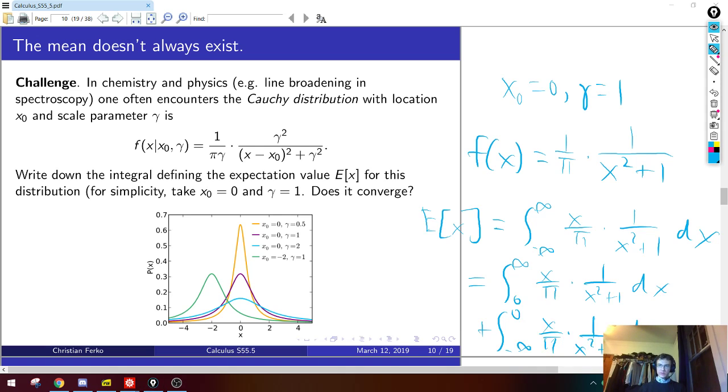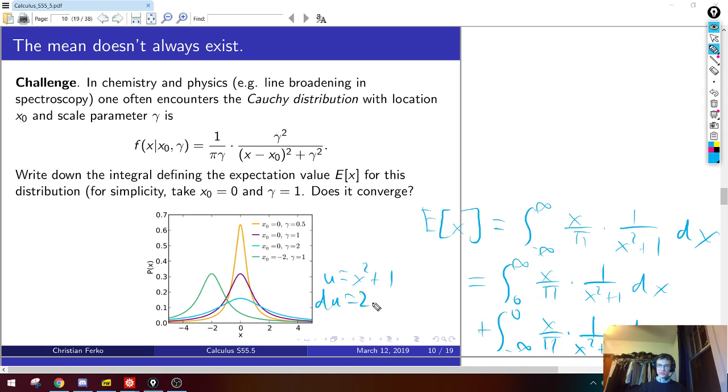So if we split it into two pieces, and then do the u sub for the first piece, we can keep them separate and then recombine them at the end. So in the first piece I do u is x squared plus 1 and du is 2x dx, and I just rewrite this integral. What does that become?